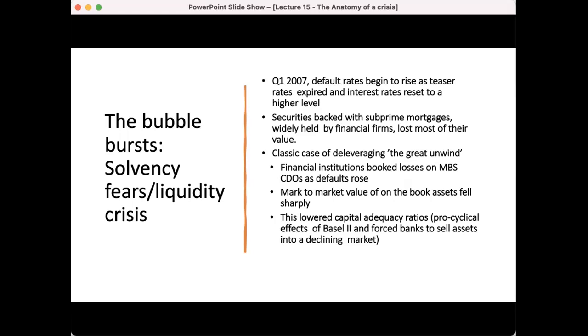So the real valuation of all of these assets on the books falls, and this lowers the capital adequacy ratios. In other words, under banking regulation, banks are required to hold an amount of quality capital against their loan books. If the value of their capital is declining, then their ratios are declining too.